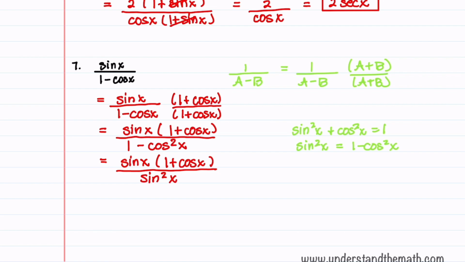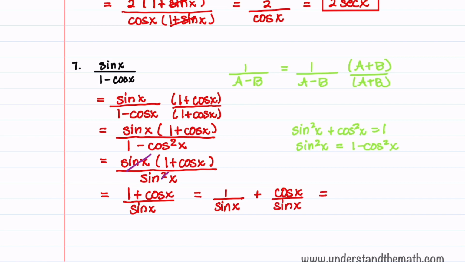And we can see that we can divide out one of the sine squares. So we're left with 1 plus cosine x divided by sine x. Since we have one term in the denominator, we can split this into two fractions. So this is 1 divided by sine x plus cosine x divided by sine x. And this is equal to cosecant x plus cotangent x.